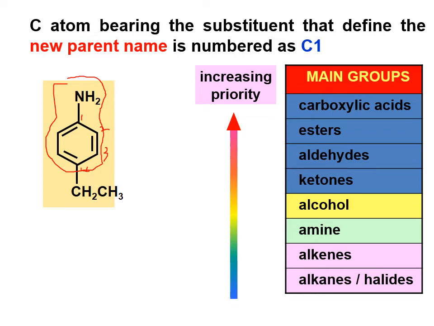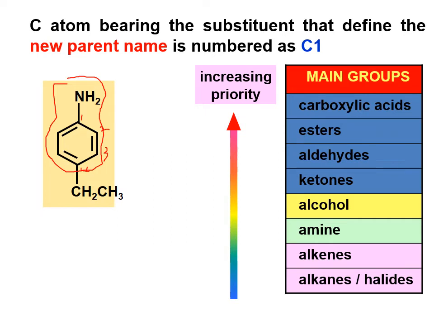As you know, NH2 with the benzene ring also has a common name. So NH2 with benzene ring, the compound is known as aniline. So the parent is called aniline.